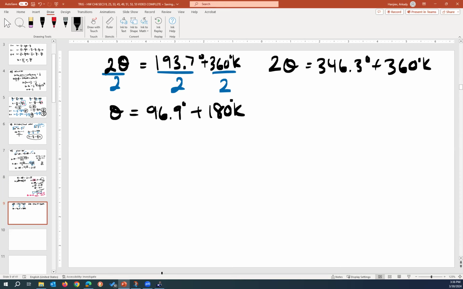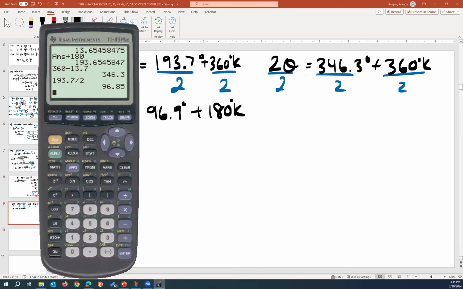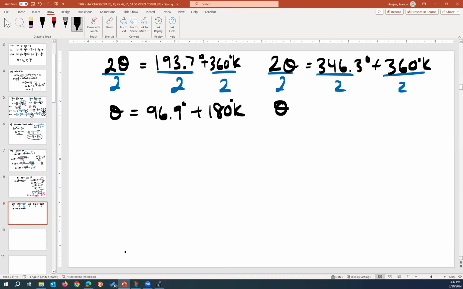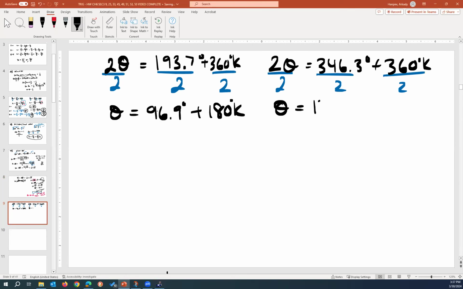Then this one as well, divide by 2, divide by 2, divide by 2. Going up to my calculator, 346.3 divided by 2. All right, I got theta is equal to 173.2 degrees.